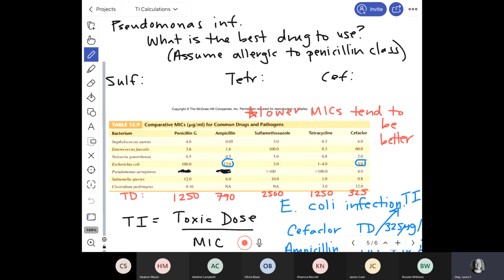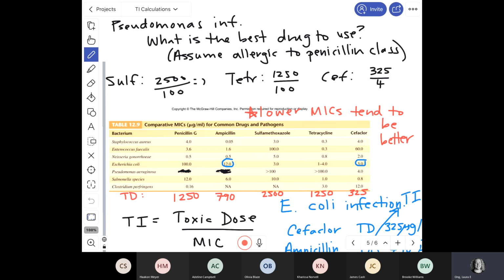And so we would take the toxic dose over the therapeutic dose. For tetracycline, it would be 1250 over 100. And for cefaclor, it would be 325 over 4.